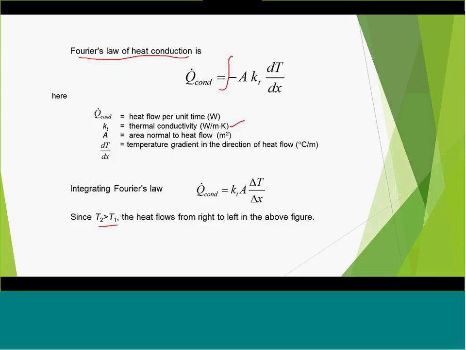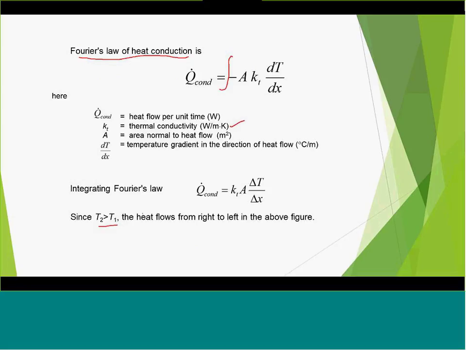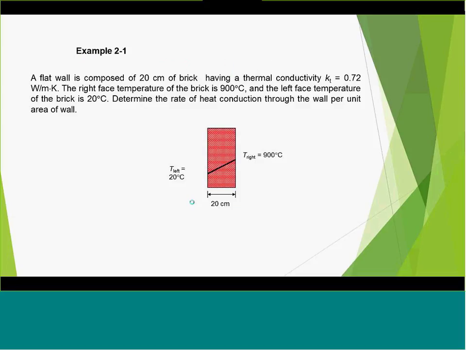Now when we have a look back, T2 is higher than T1. Heat flows from right to left, in order to have thermal equilibrium. Now let's start on the equation part.